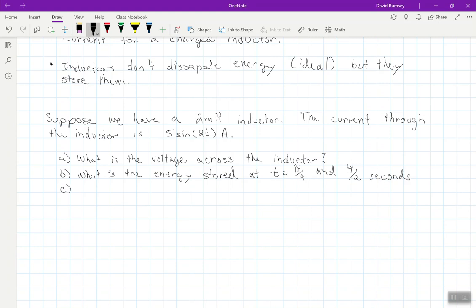And part C, what is the maximum energy stored in the inductor?